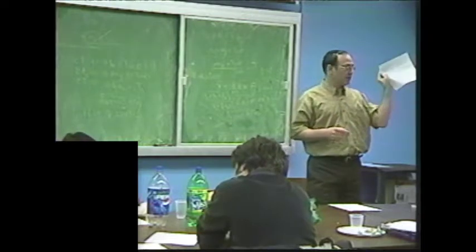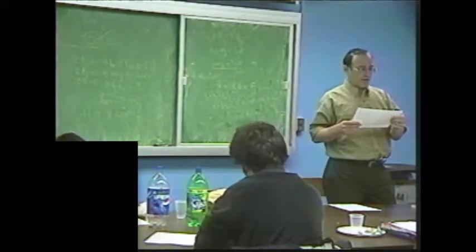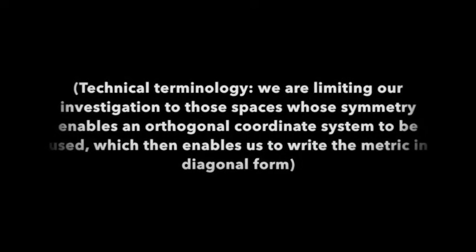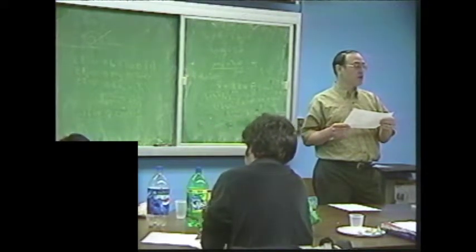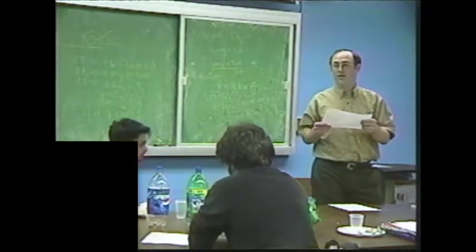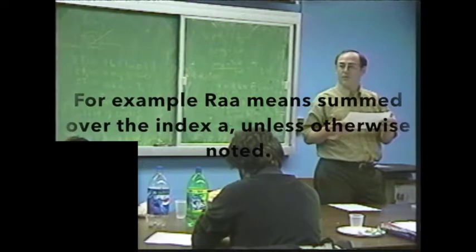All right, so look at this page. Now, we're using an orthogonal system. We're using situations which are simple enough for us to use an orthogonal metric, so we're only going to have dxa dxa, not dxa dxb. Just the summation notation, we have repeated indices.